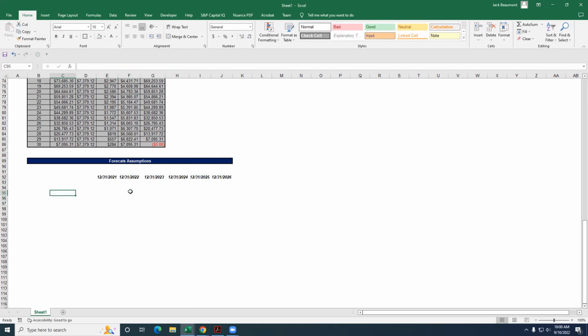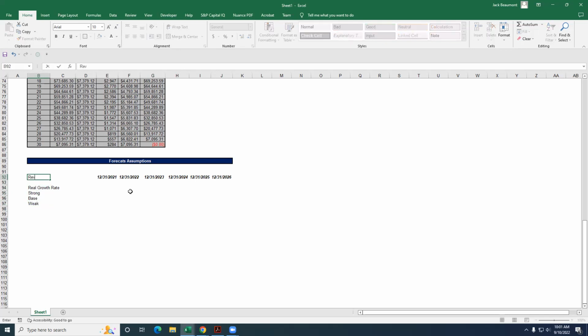And I am going to build this. So I'm going to do real growth rate. And then let's say strong, base, weak. Now we're doing revenue growth here.